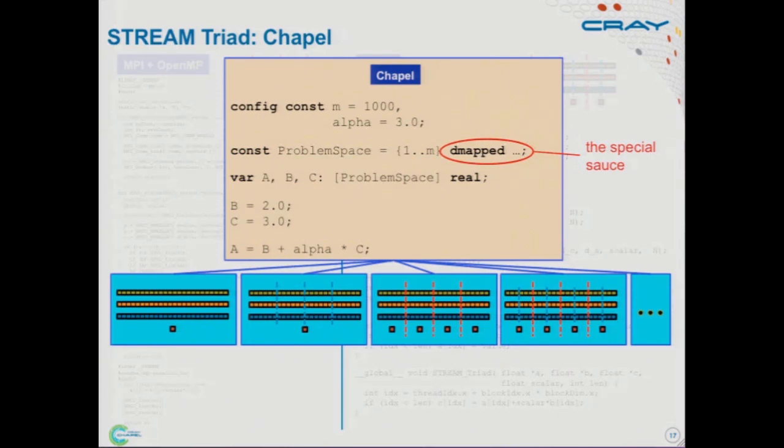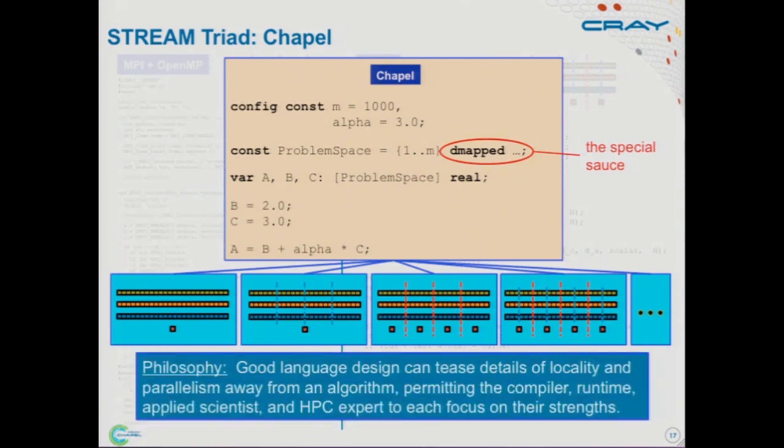There's a constructor call I left out. This is something called a domain map, which says, here's how I'd like you to map this index set and any iterations over it and any arrays over it down to the architecture. And by changing that clause, we can end up with any one of these different implementations of how this computation, this scale and add of these vectors, gets mapped down to our parallel hardware.